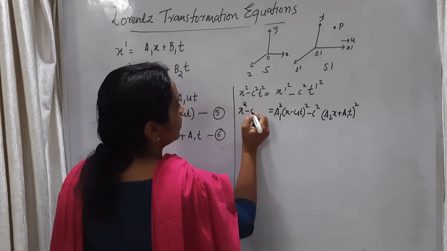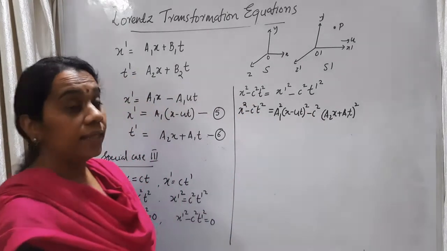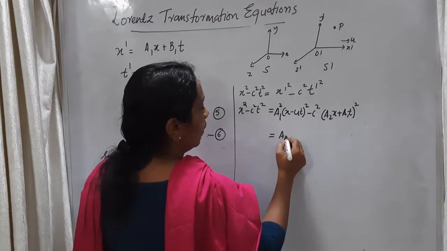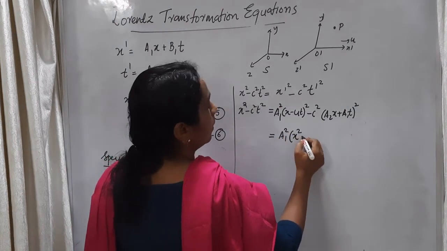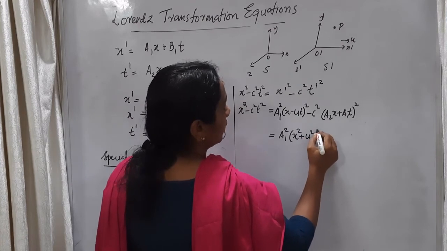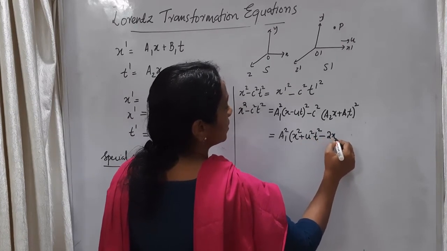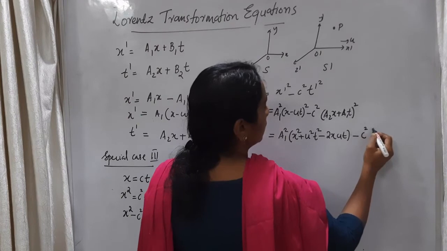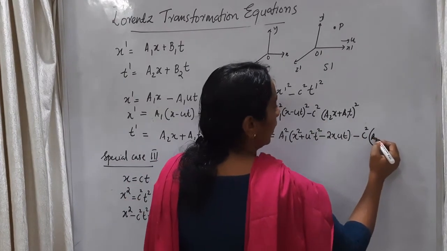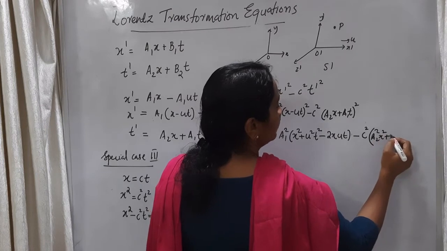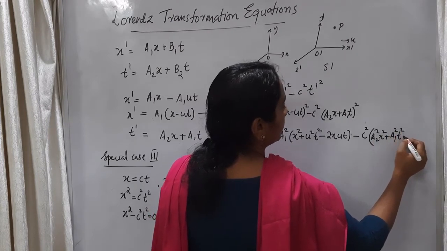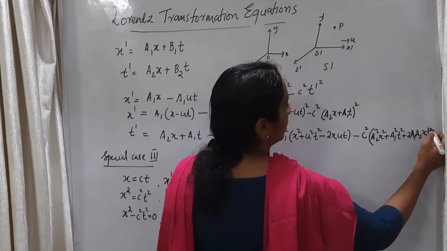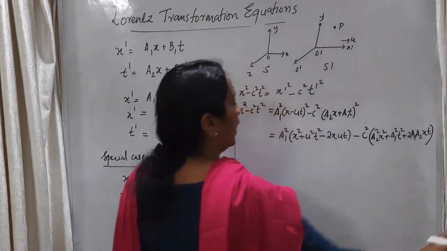Now our next step is to expand these brackets and equate the coefficients of x square, t square, etc. So this becomes a1 square into x square plus u square t square minus 2xut, minus c square into, squaring this, a2 square x square plus a1 square t square plus 2a1 a2 xt, right? 2a1 a2 xt.